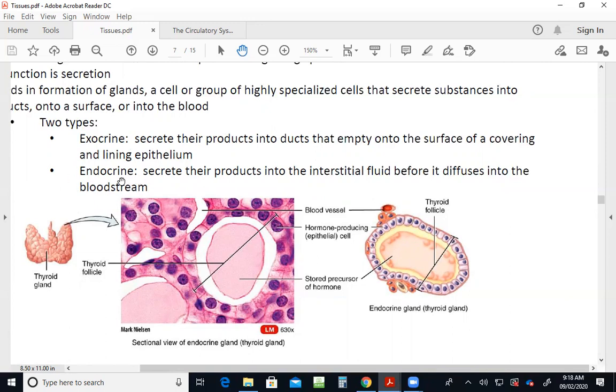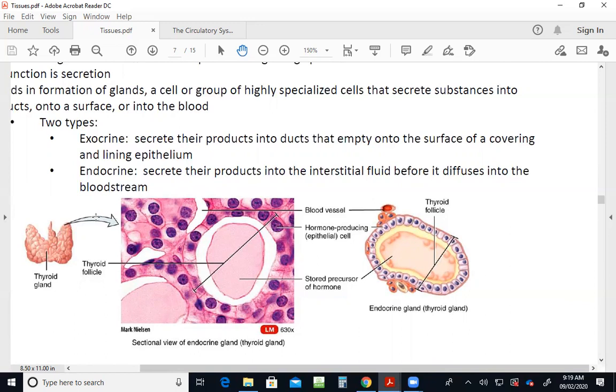Okay. Endocrine glands, we'll talk about the endocrine system, like the thyroid gland that's pictured here, which is where we create what's called hormones inside of the cells. Instead of a duct connected to them, the hormones just secrete out into the interstitial space, the space between cells, and then the hormone is picked up by the blood.